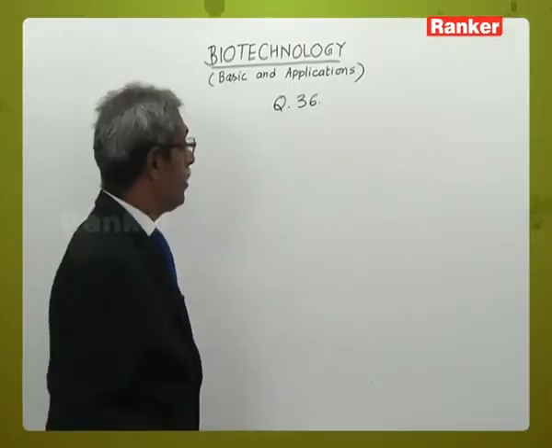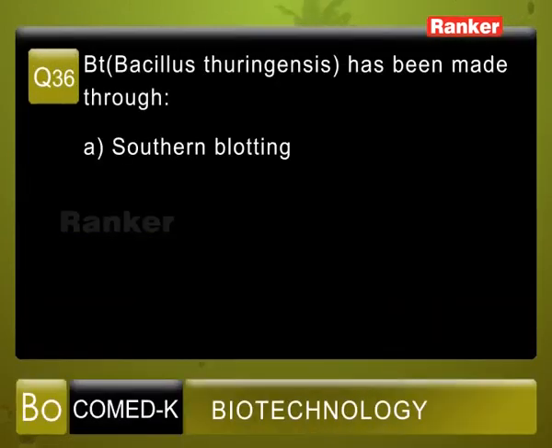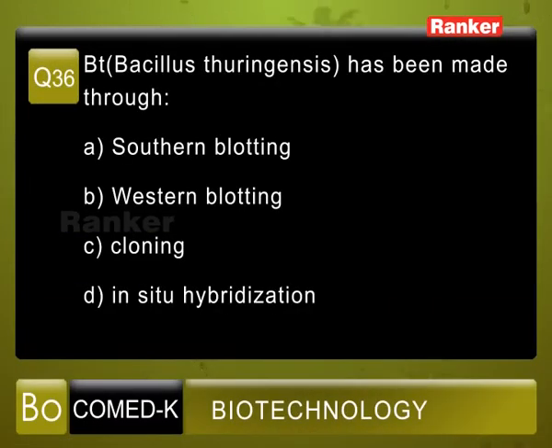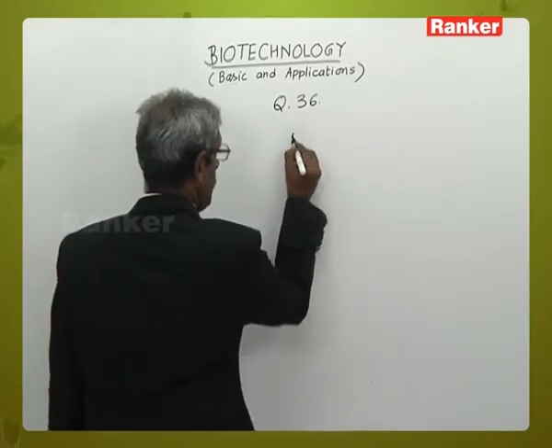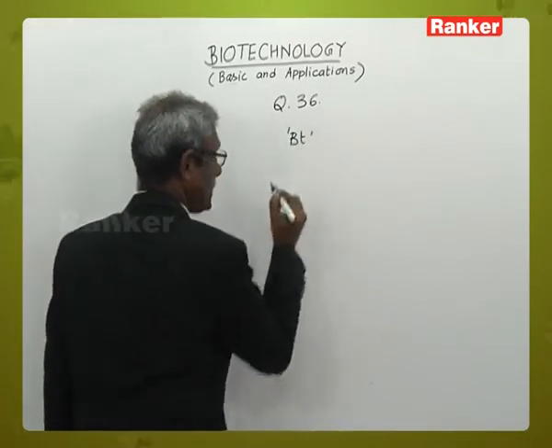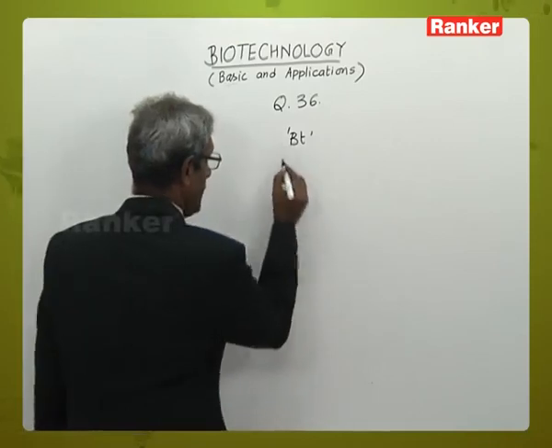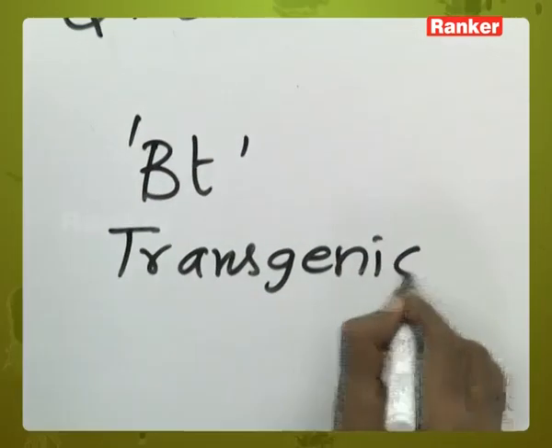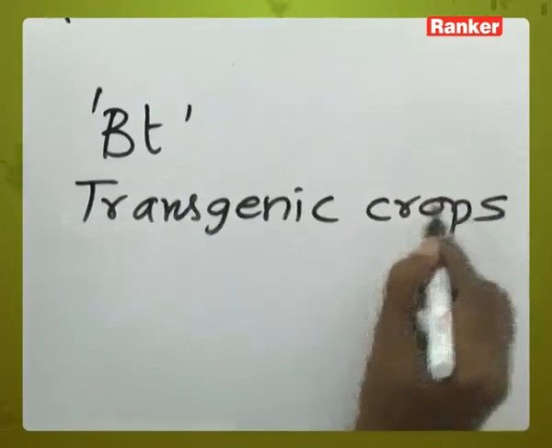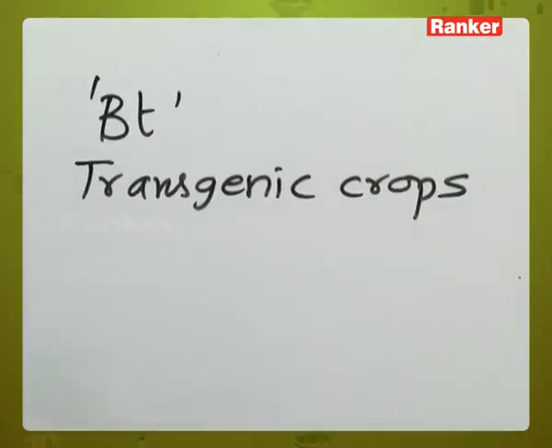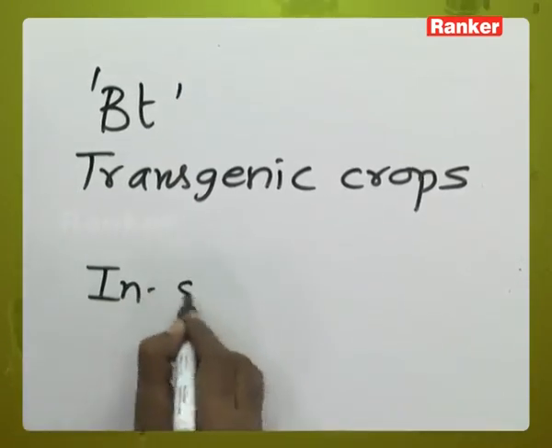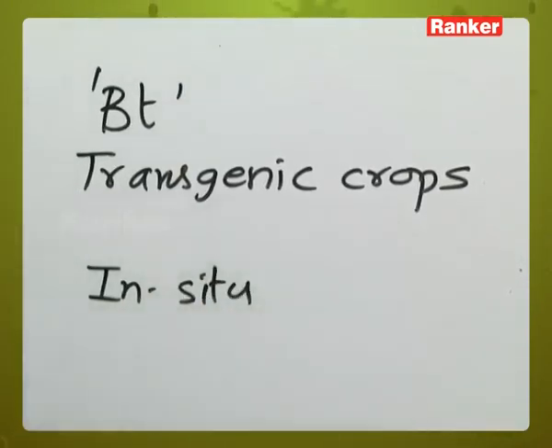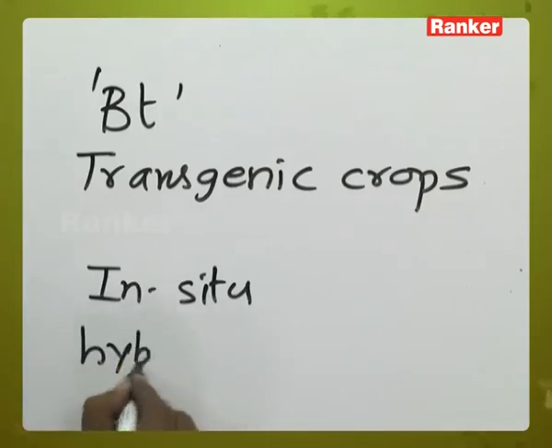Next, we go to question number 36. Bt or Bacillus thuringiensis has been made through southern blotting, western blotting, cloning, or in situ hybridization. Now, whenever you develop Bt cotton, Bt Bacillus thuringiensis varieties, which are all examples of transgenic crops. In a transgenic crop, there is always in situ hybridization.